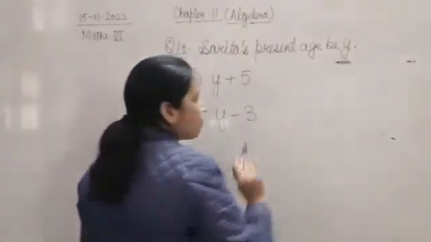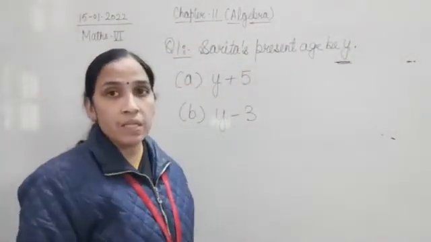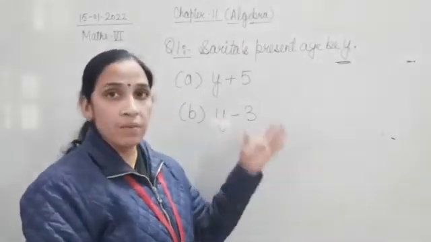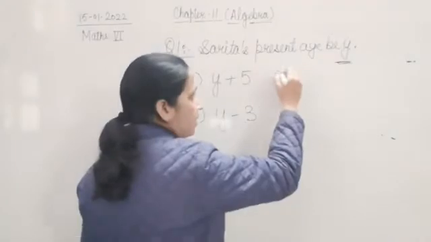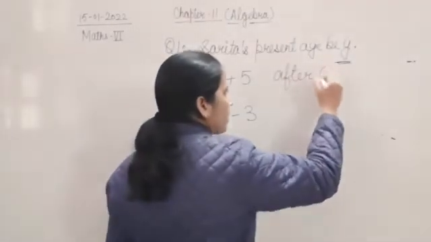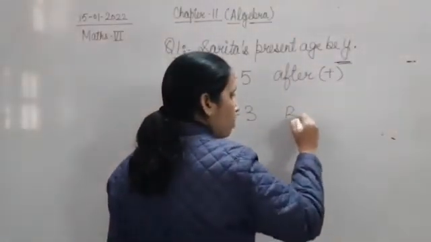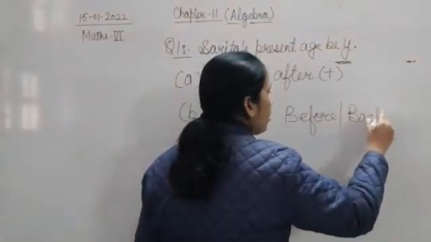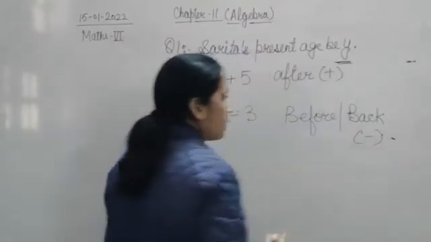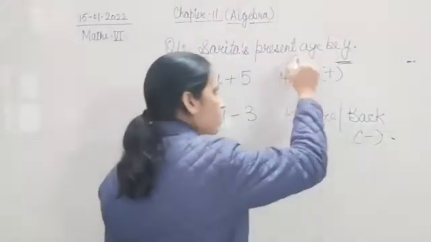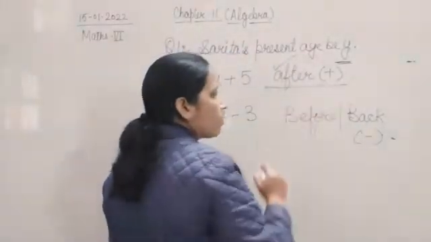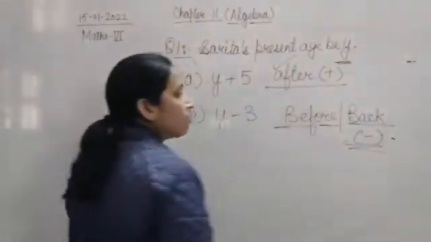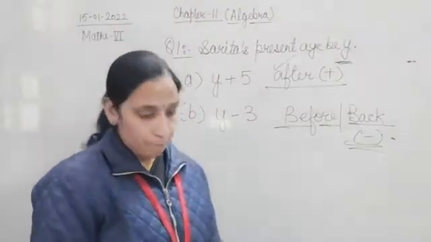If it is asked how old she will be after 5 years, in the case of after, we use the addition sign, and for before or back, you need to use the subtraction sign. Remember these keywords: in case of after, you use the addition sign; before or back, you use the subtraction sign.